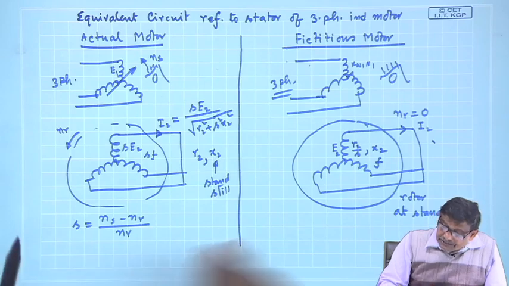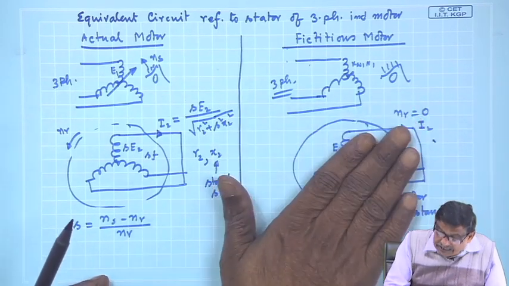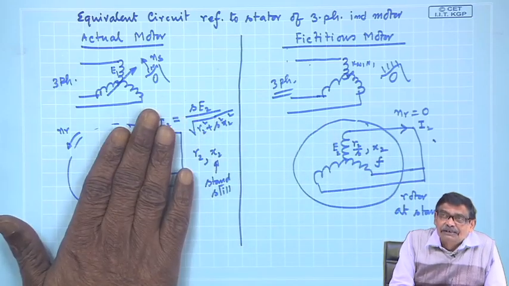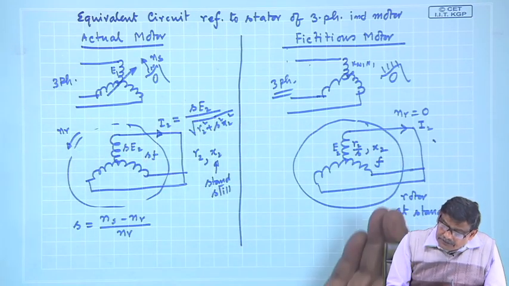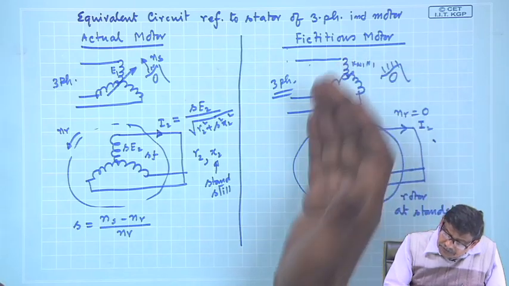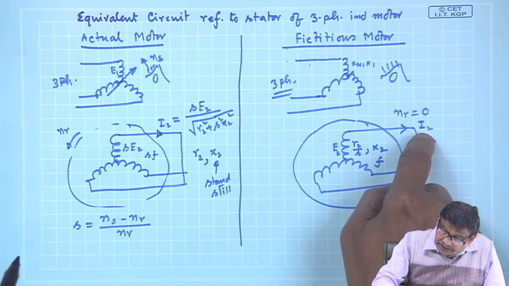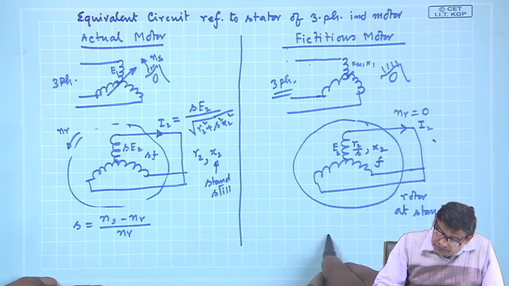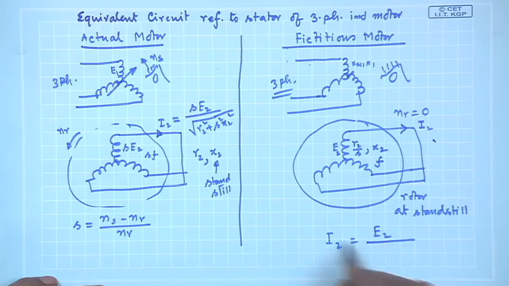Now, the question is, this rotor rotating magnetic field in this case and in this case will be the same, because the rotor rotating field, its amplitude is decided by this I2, and this I2 RMS value of the current is the same as the RMS value of this current, number-wise.